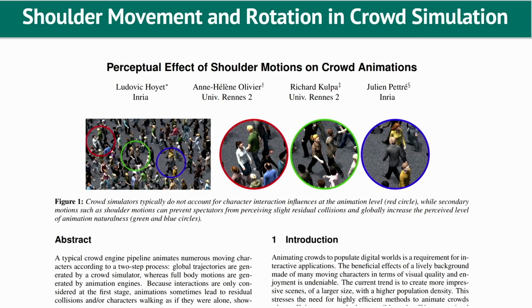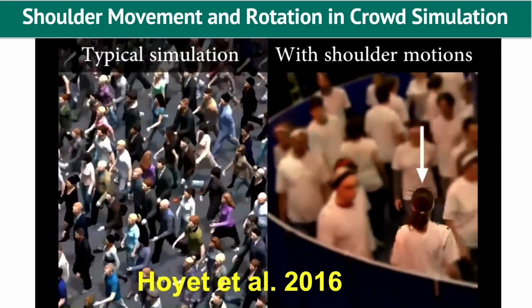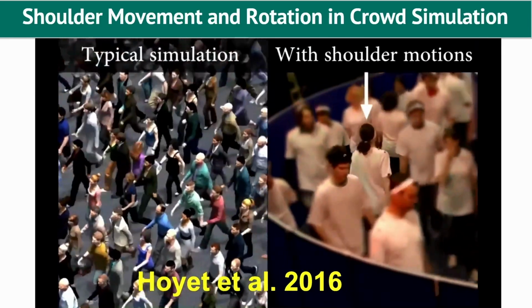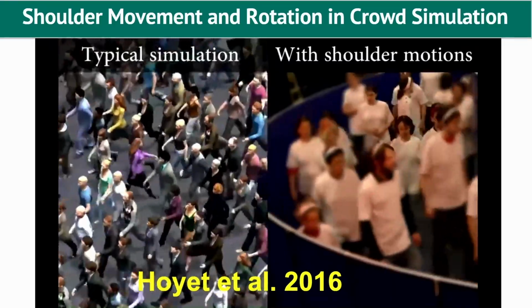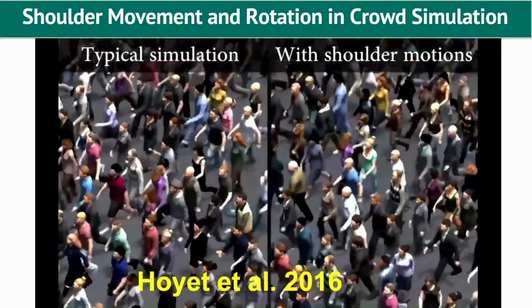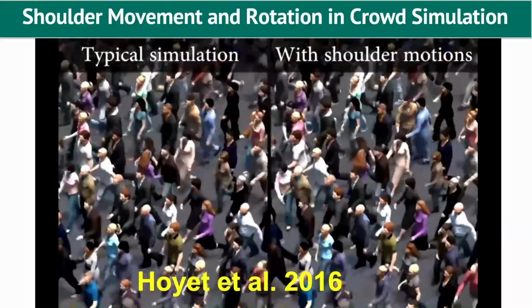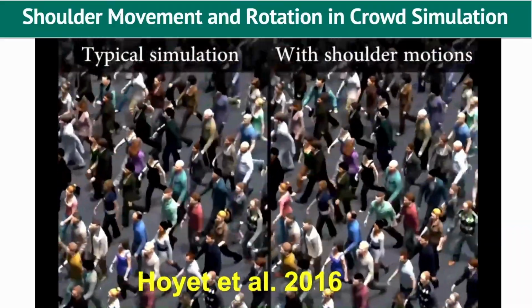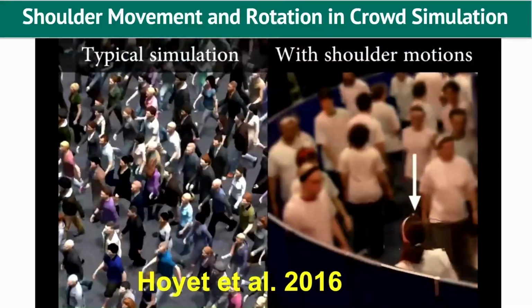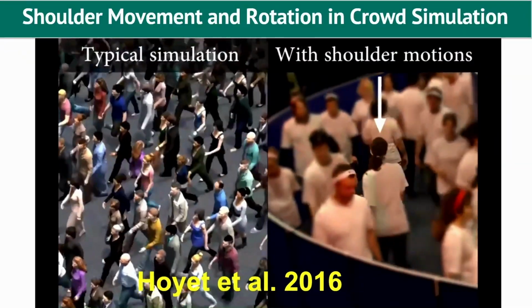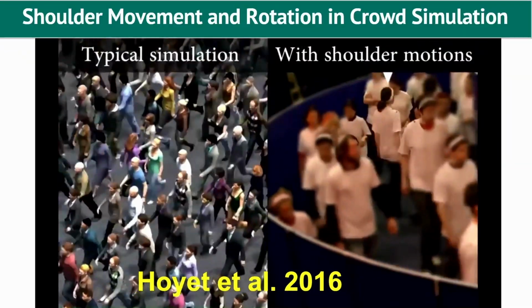In this paper by Ludwig Hoyt and his colleagues, they discuss the importance of body and shoulder movement while moving in a common space, where on the left side a single person is crossing a crowd flow without shoulder motion, and on the right side with shoulder motion. We can see that the right side is visually more plausible compared to the left one.